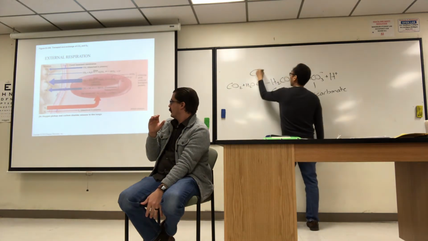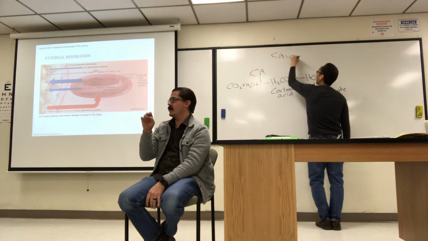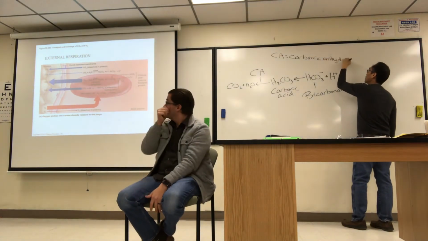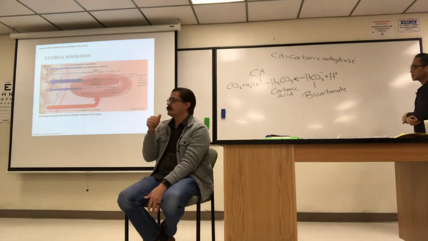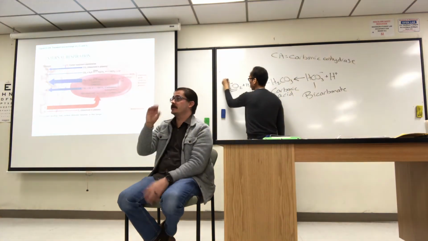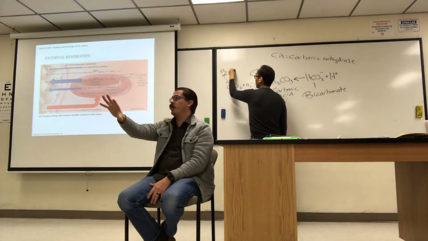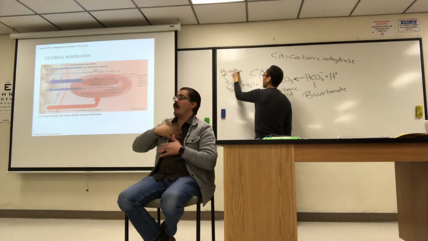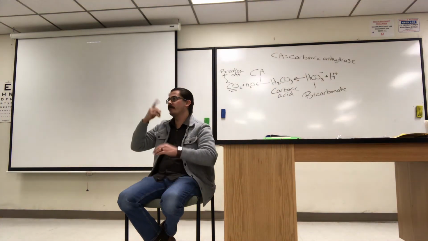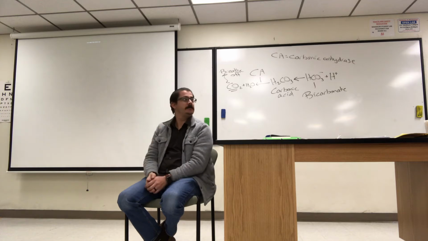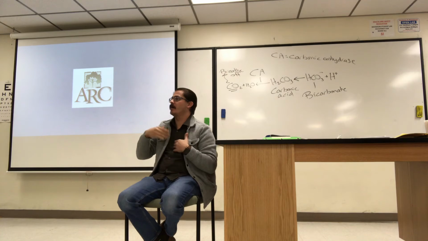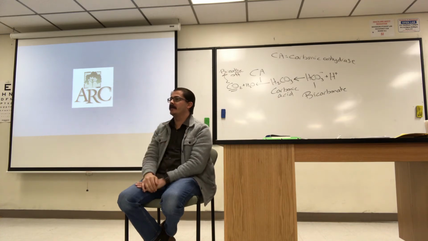I'll just call it CA. Carbonic anhydrase basically speeds up the reaction. When you get the molecule in the form of CO2, you can breathe it off with each breath out. That's chemistry in the lung. So that's kind of my spiel on how chemistry occurs in the body, just to give you a preview for that. Okay.